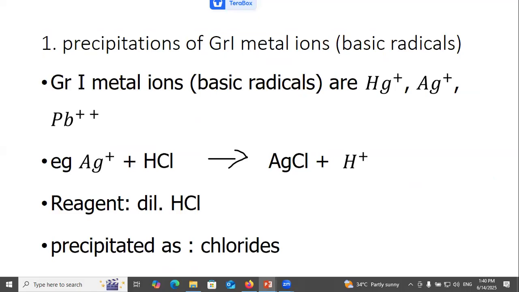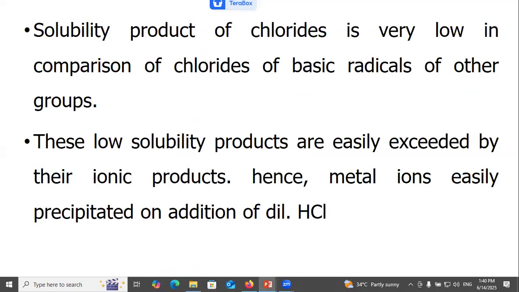The solubility product of these chlorides is very low in comparison with the chlorides of basic radicals of other groups. These low solubility products are easily exceeded by their ionic products, hence the metal ions easily precipitate on the addition of dilute hydrochloric acid.